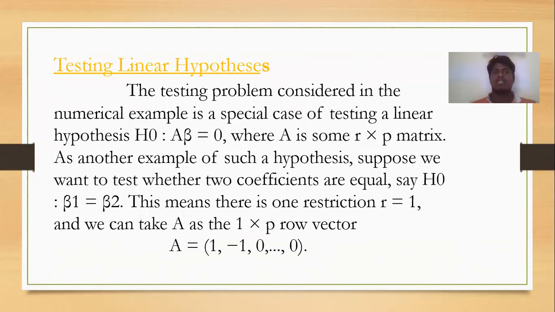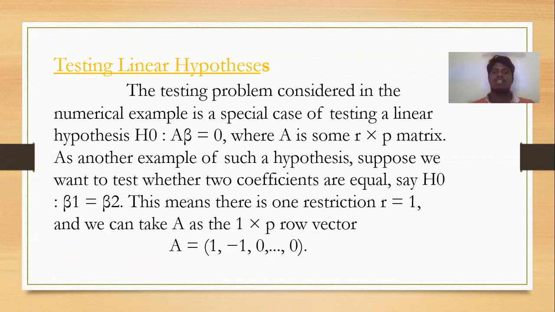Now we are going to test the linear hypothesis. The testing problem considered in the numerical example is a special case of testing a linear hypothesis, A beta = 0, where A is some r by p matrix. Another example of such a hypothesis: suppose we want to test whether two coefficients are equal, say H0: beta1 = beta2.